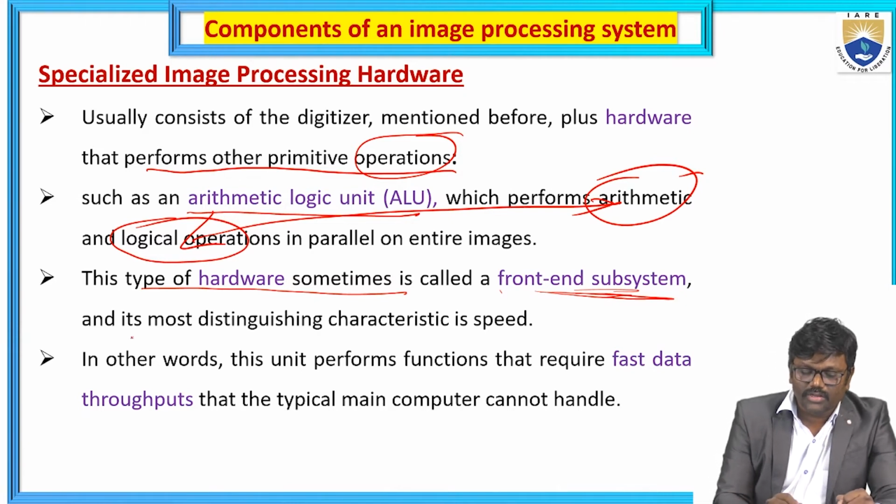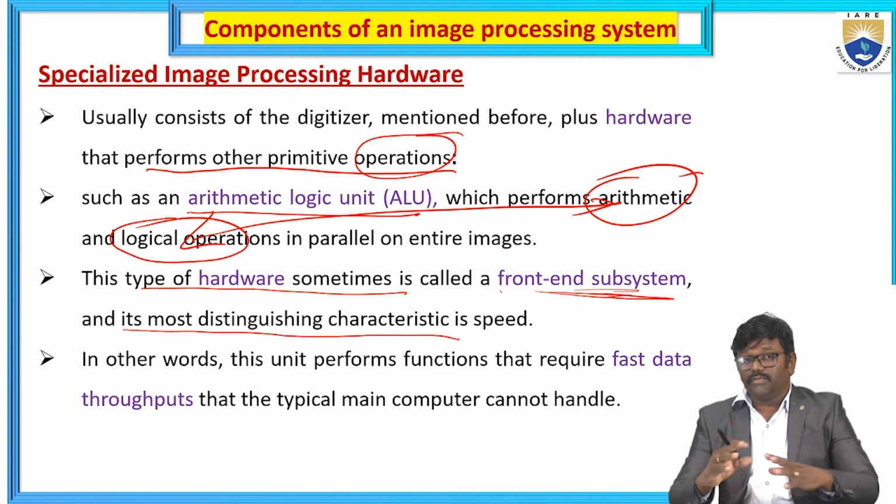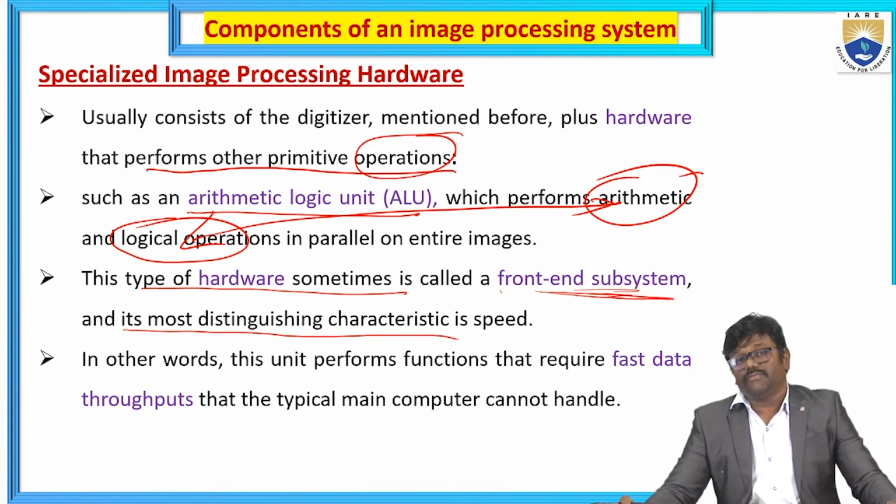The distinguishing characteristic is the speed between that physical process and the software tools.